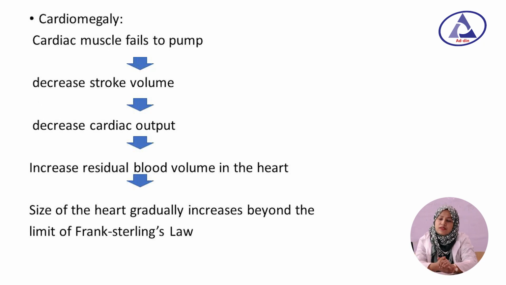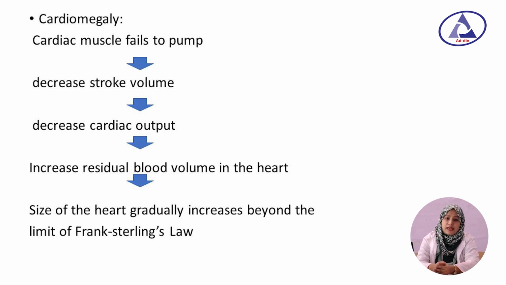Now, what is the mechanism of cardiomegaly? At first, the heart muscle fails to pump adequately and the stroke volume decreases, and as a result cardiac output is also decreased. So there is increased residual volume within the heart, and increased residual volume causes the size of the heart to gradually increase, leading beyond the limit of the Frank-Starling law.